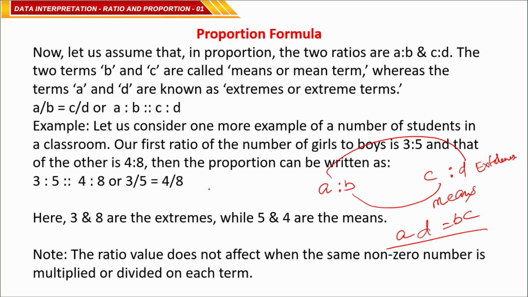Five 4s are 20, three 8s are 24, so 24 and 20. Now 3 and 8 are extremes while 5 and 4 are means.